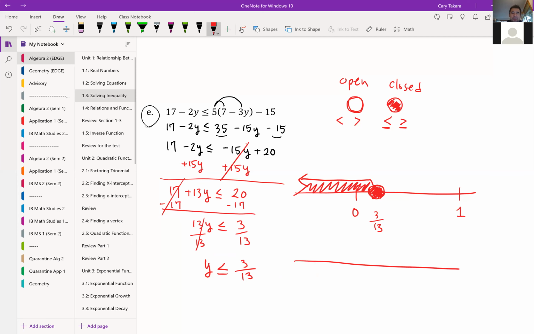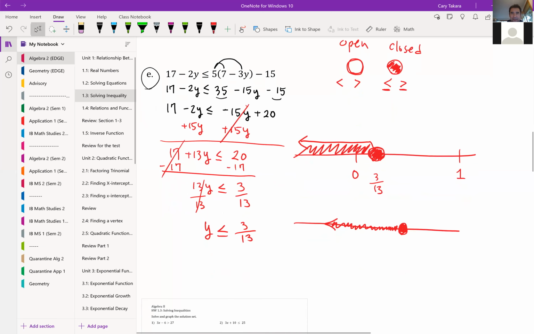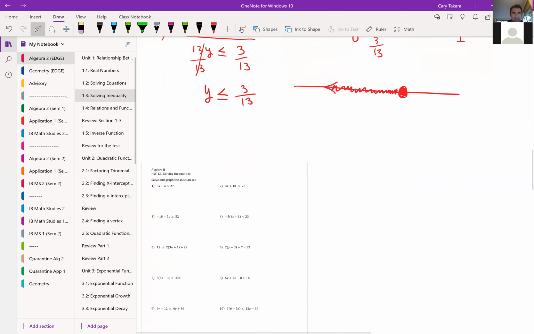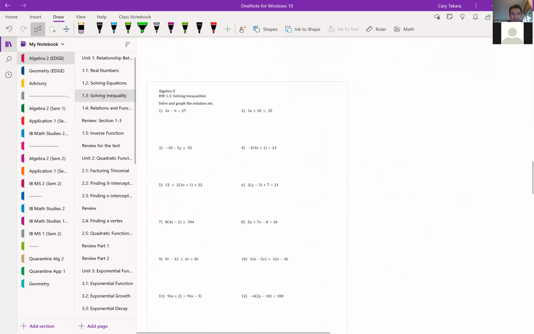Some teachers ask students to shade like that. It doesn't matter. You can have your preference on how you shade, but you're shading the left side. Okay, I think that's enough of examples. Let's work on the assignment.